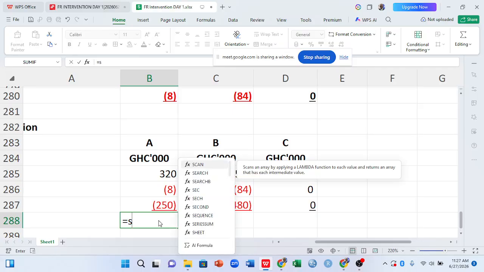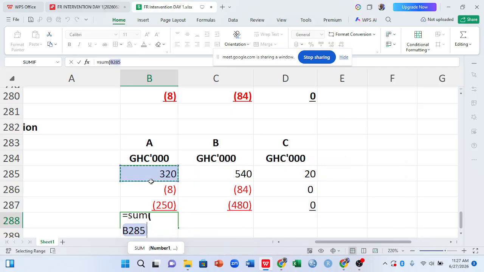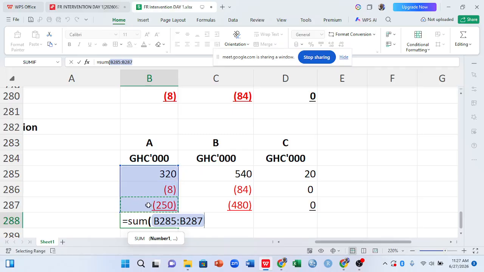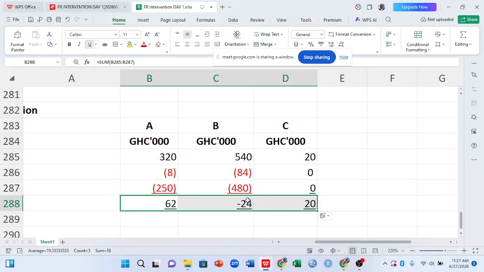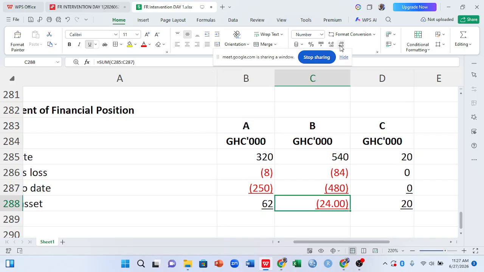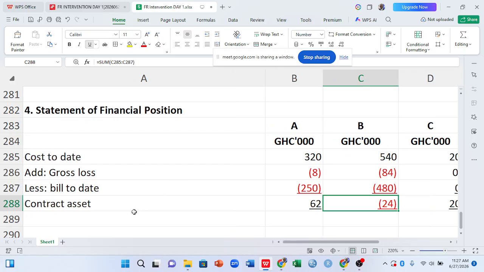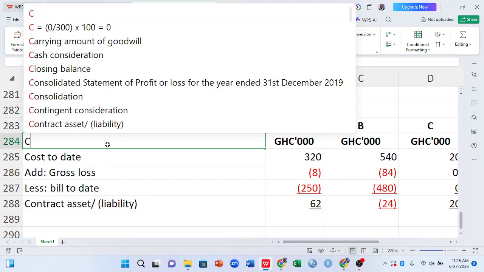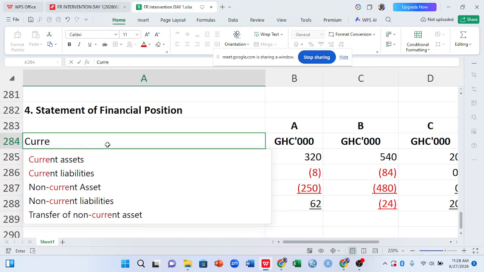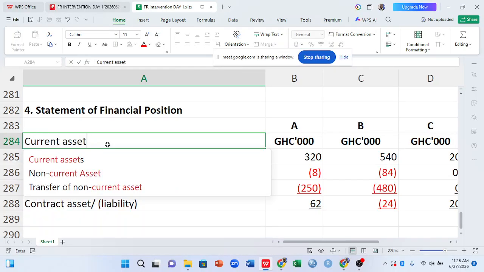So if you sum them up, we had a loss for one, and we had a contract liability. So the negative one is a liability. If you get a contract asset, it goes to current assets; if you get a contract liability, it goes to current liabilities.